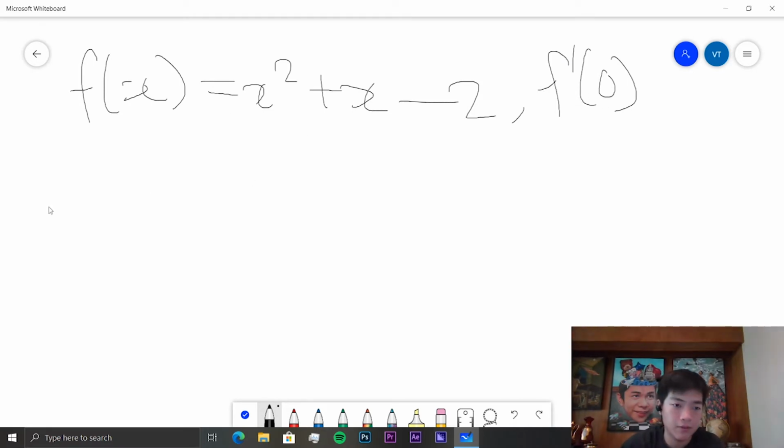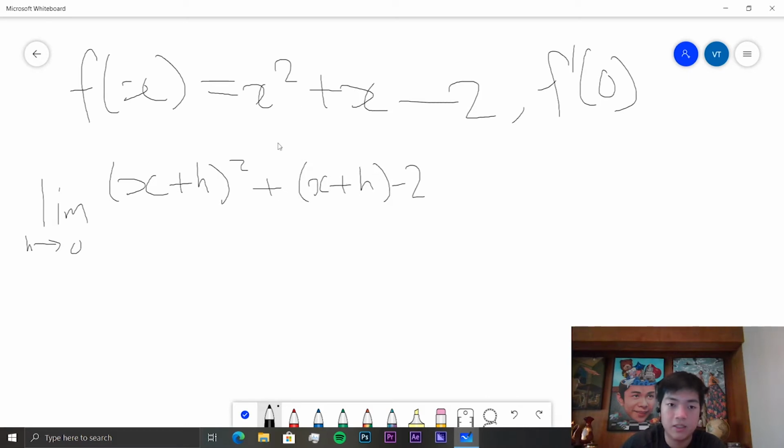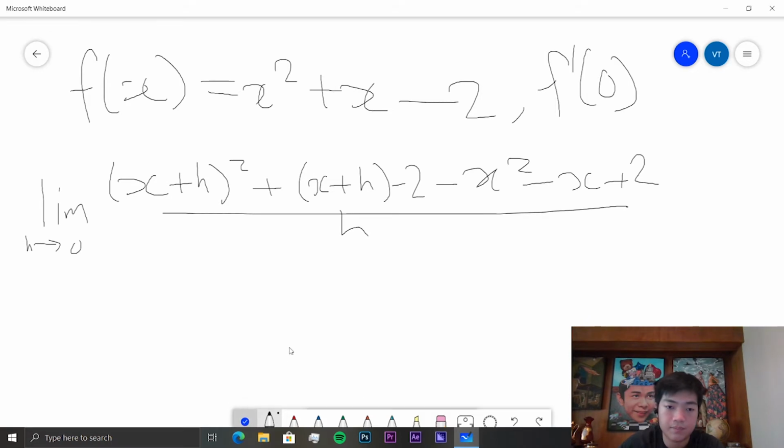So first, let's find the derivative. We have the limit as h tends to 0 of f of x plus h, which is, in this case, x plus h squared plus x plus h minus 2, just substituting it into the function already, minus x squared minus x plus 2, all over h.